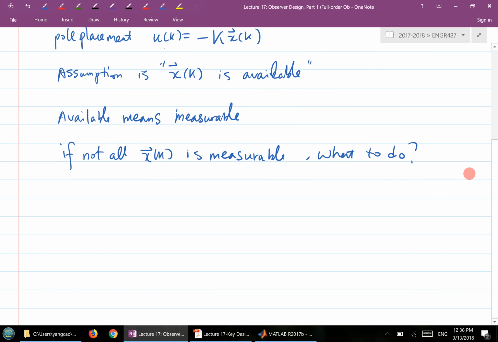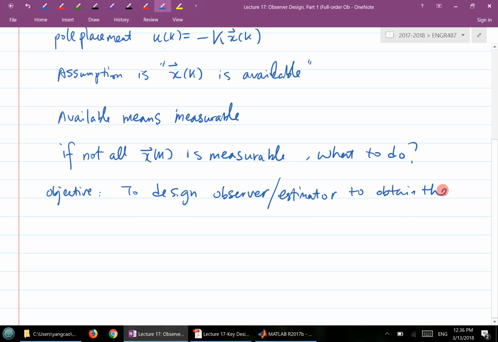So the objective is to design a so-called observer, which we sometimes also call an estimator, to obtain the non-measurable state variables.